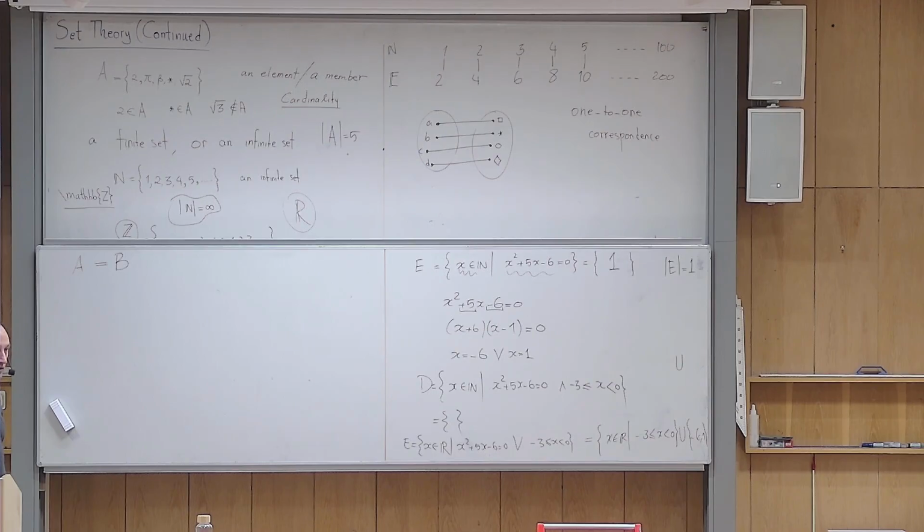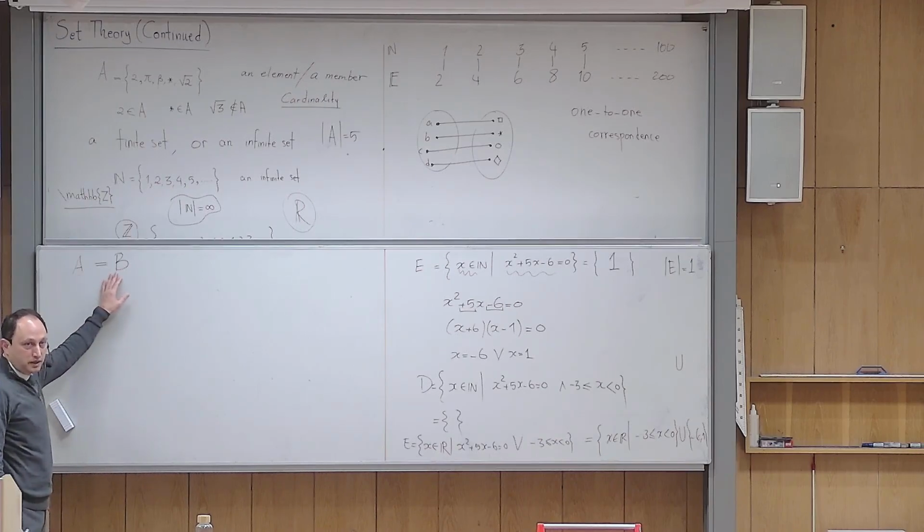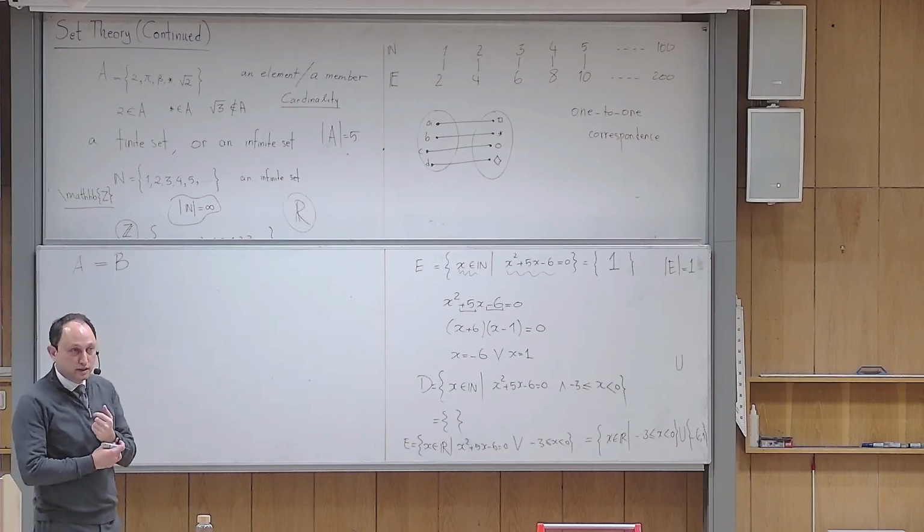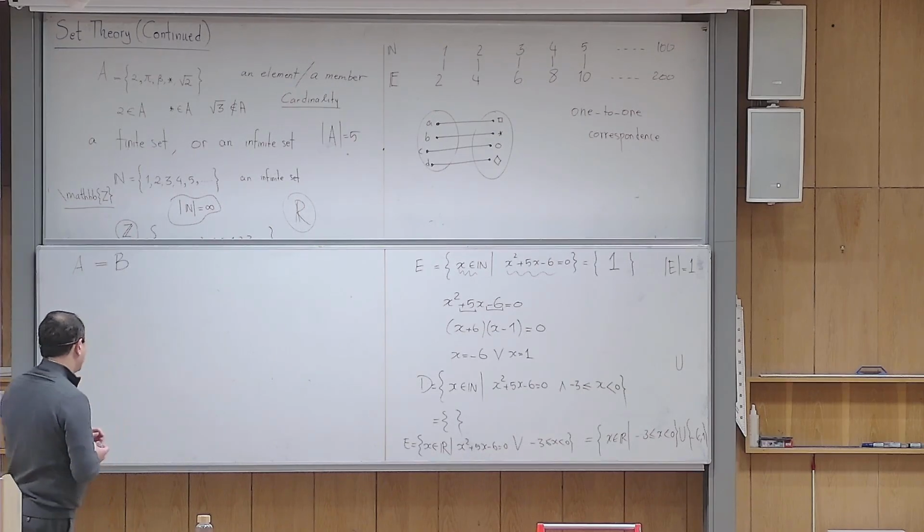So when do you say two sets are equal? They have the same elements. Meaning every element of A is an element of B, and every element of B is also an element of A. It's extremely important to express it without ambiguity.